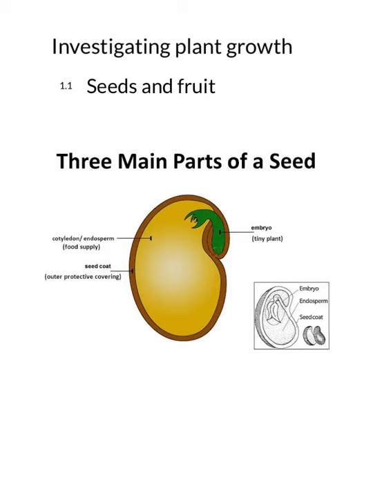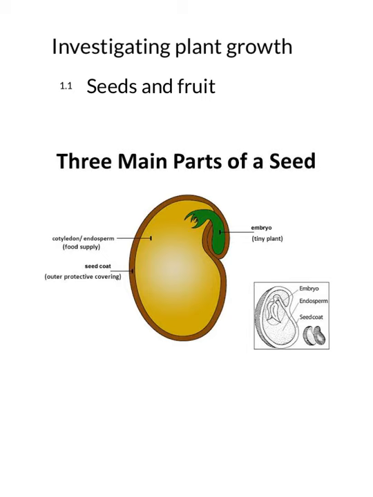A seed generally has three parts: the cotyledon or the endosperm, the seed coat and the embryo or the tiny plant growing inside. The cotyledon or the endosperm acts as a food supply for the embryo to grow. The seed coat protects the seed or the embryo growing inside the seed.